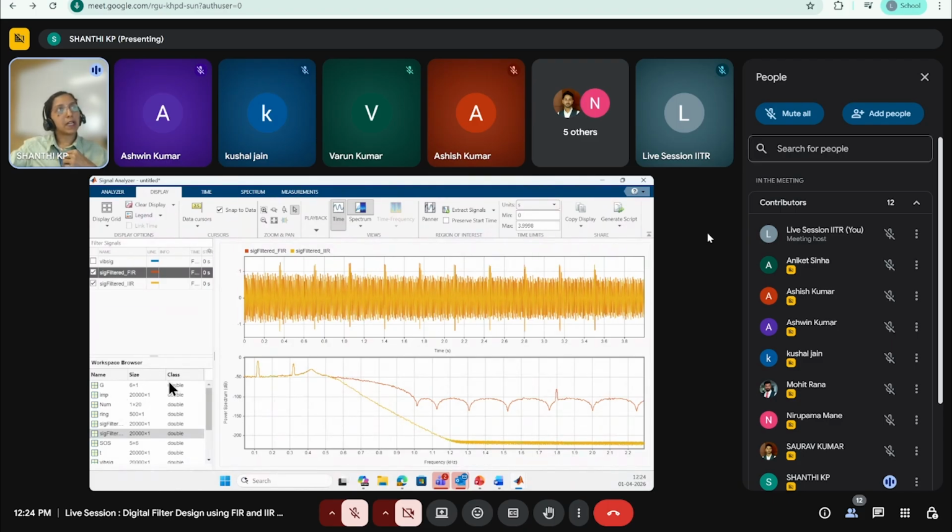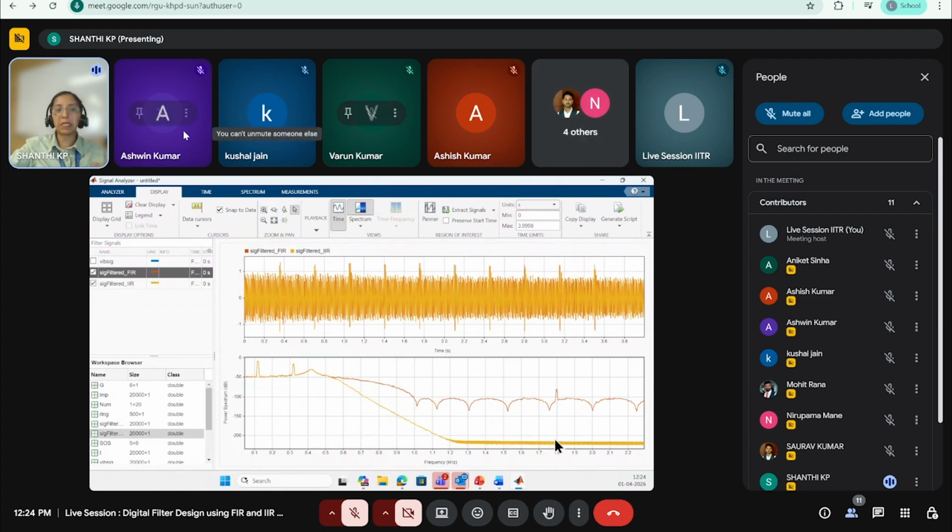If you see the visualization in the Signal Analyzer app of the FIR and IIR filtered signals, both FIR and IIR meet the magnitude response, and IIR typically achieves this with a much lower filter order. And we can also see that the amount of attenuation is different in the IIR filter. The noise peak is also getting removed with the application of the IIR filter.